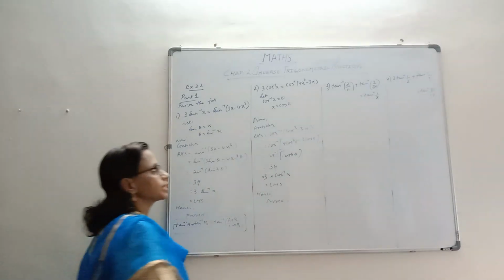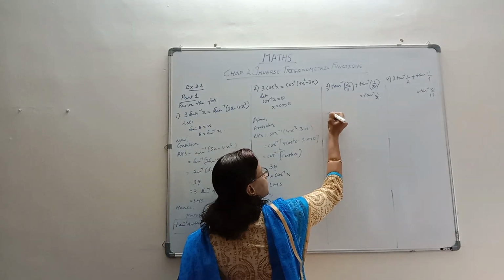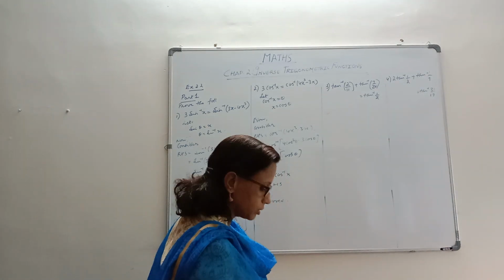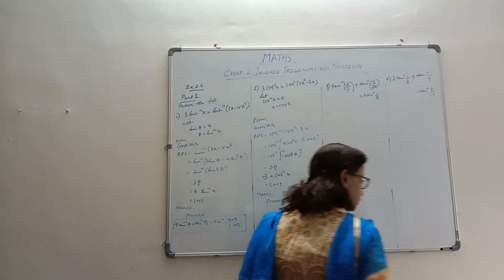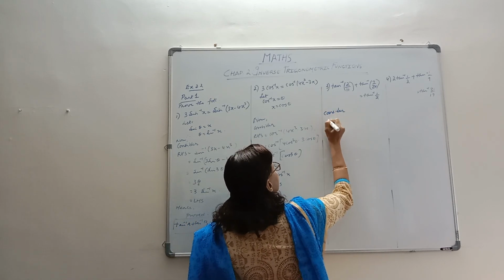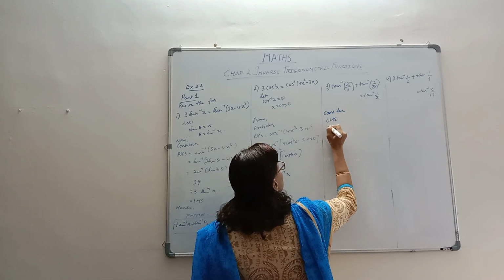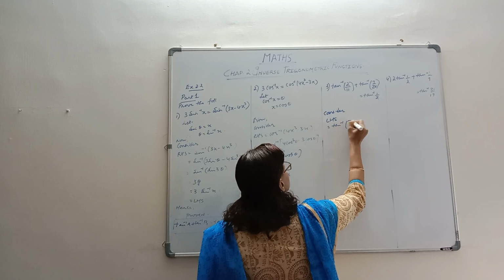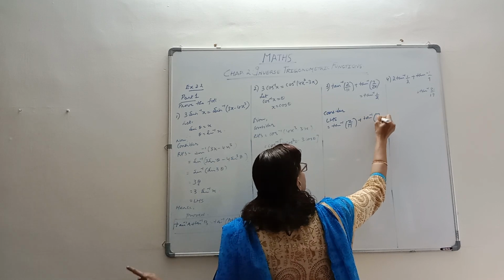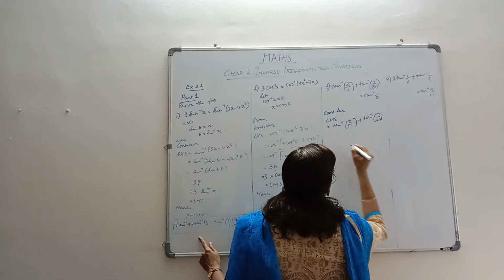So we'll start with the LHS. Consider LHS: tan inverse of 2 by 11 plus tan inverse of 7 by 24. Please keep an eye on this result and see what will come.